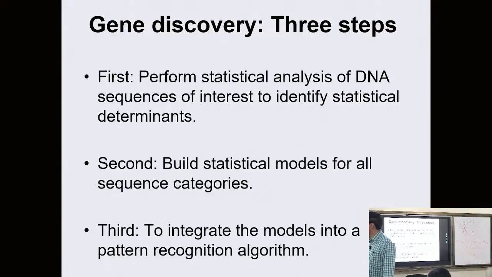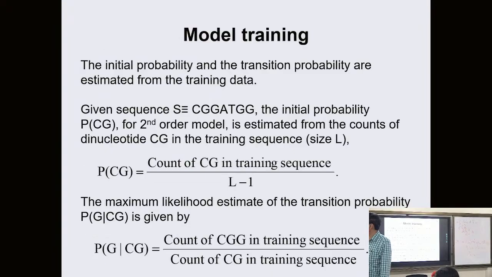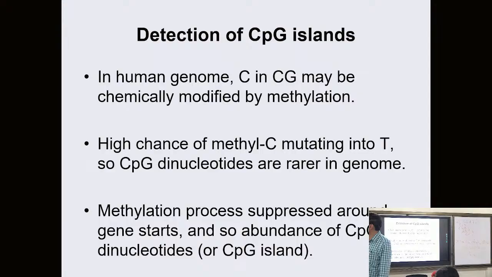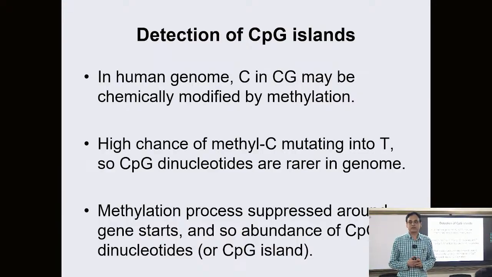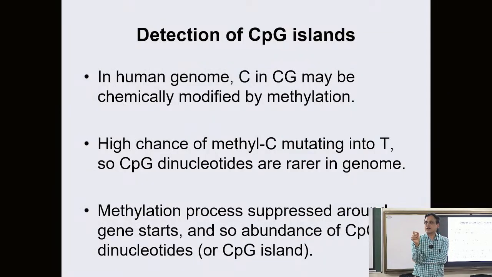We will come to this in a moment, but I would like you to appreciate the power of modeling in prediction. So, there is a problem in biology which is called the CpG island prediction problem. Okay? So, in the human genome, C in dinucleotide CG can be chemically modified by methylation.